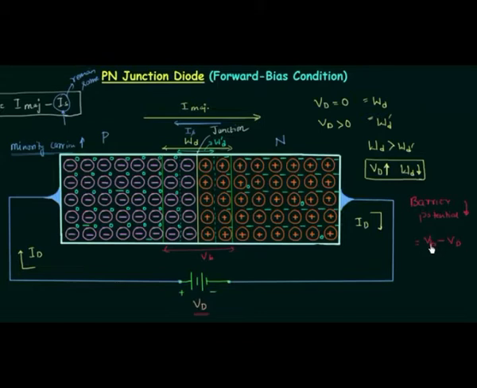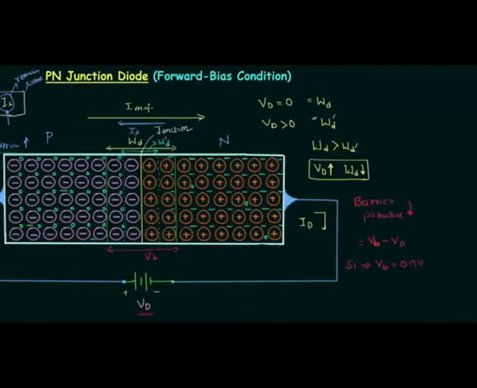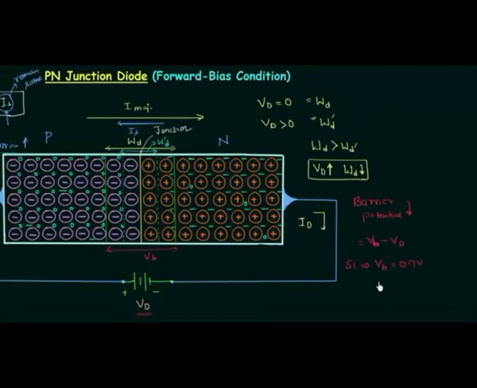So the new barrier potential is VB minus VD, and in case of silicon, VB is equal to 0.7 volts. We calculated this in the last presentation. The barrier potential for silicon is equal to 0.7 volts, and if I make VD equals to 0.7 volts, then the new barrier potential is equal to 0.7 minus 0.7, and this is equal to 0 volts.